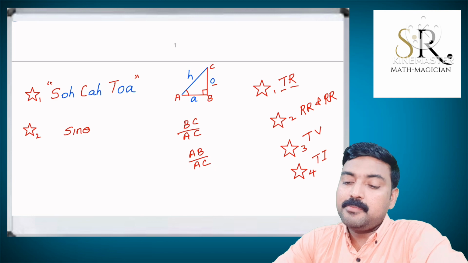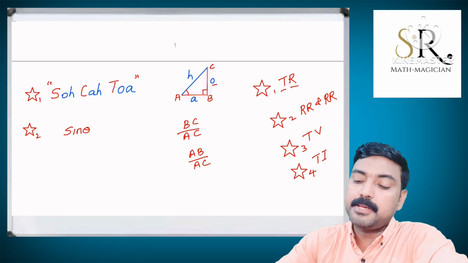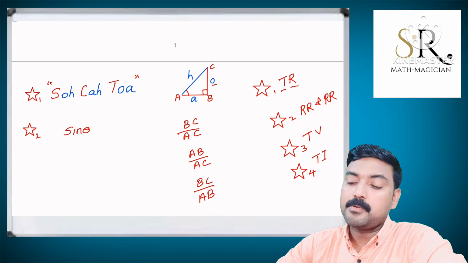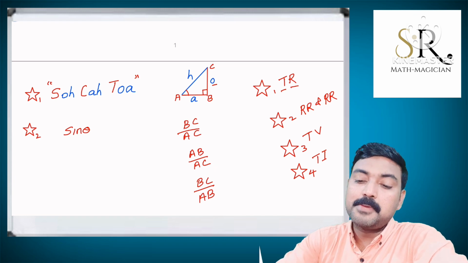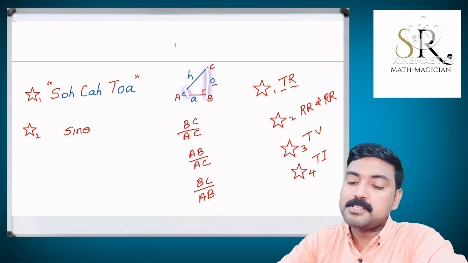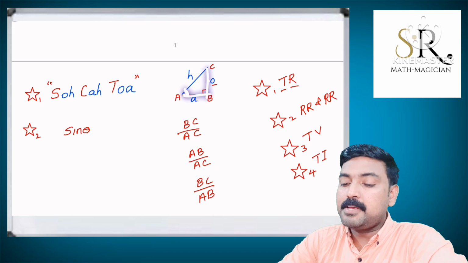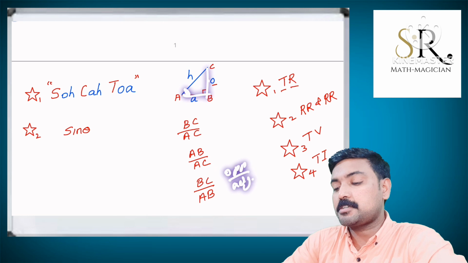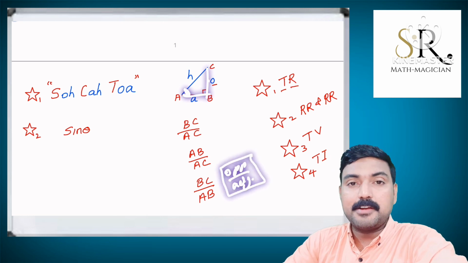Instead of dividing with the hypotenuse, we can try to divide BC by AB. What is BC? BC is the opposite of angle A, and AB is the adjacent of angle A. Opposite by adjacent. Here also we divided, and divided means there is a ratio.